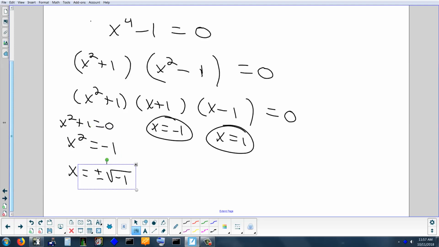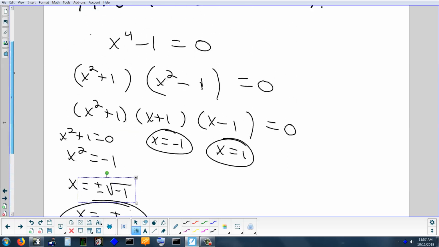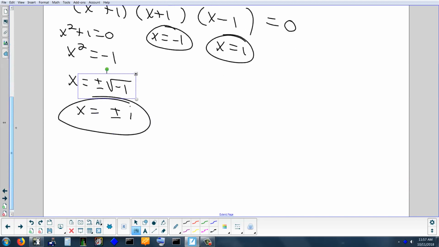But we know the square root of negative 1. What's the square root of negative 1? Yep, i. Plus or minus i. So if you wanted to know what are the fourth roots of 1: i, negative i, 1, negative 1. And notice they occur in pairs. Plus i, minus i. Always going to pair.